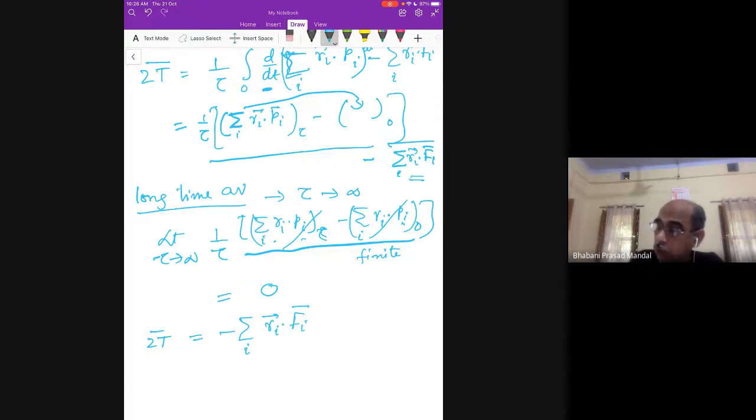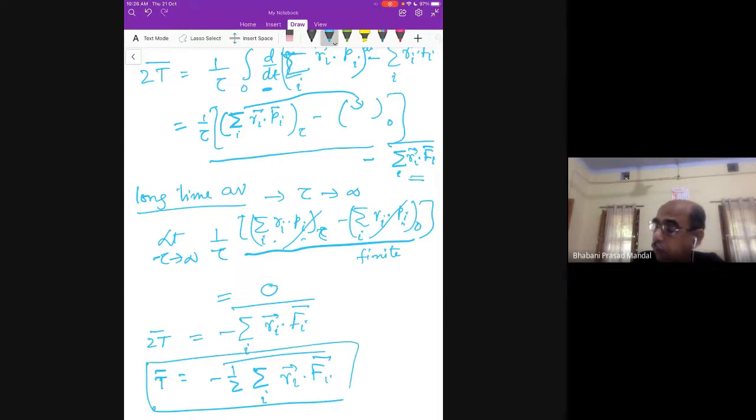So t bar will be minus half sum over i ri dot fi. This is an average, of course. So this is the proof of the virial theorem. Any question on this proof of the virial theorem? I think this is straightforward.